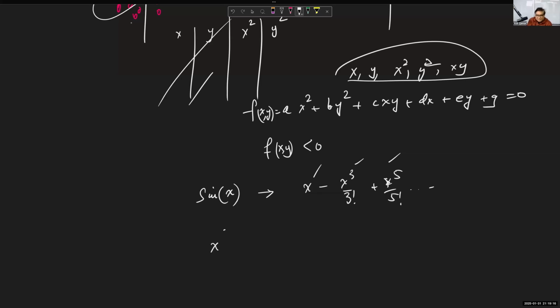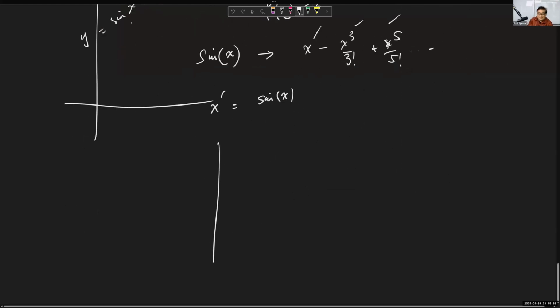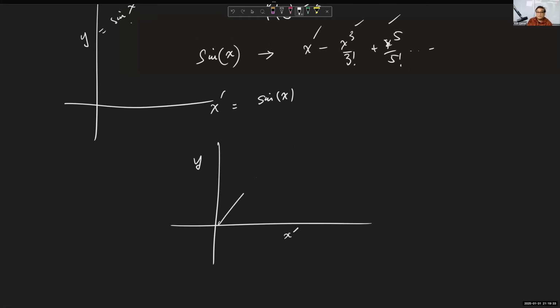You just create a variable x prime which is the sine of x and you're done. Then if y is the sine of x, and you plot y against x prime, it's a straight line relationship. You can play these games, right?